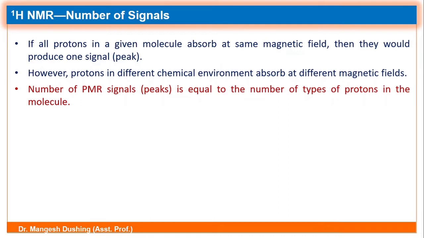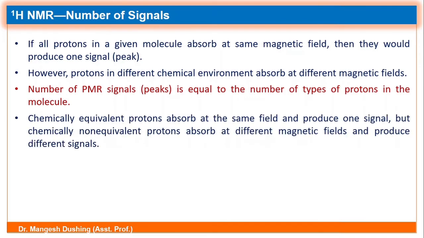Different types of protons give different signals in the molecule. So we can understand how many types of protons are present in the molecule, while the same types of protons give only one signal. This is the information we are getting from the NMR signals, from the NMR spectrum.